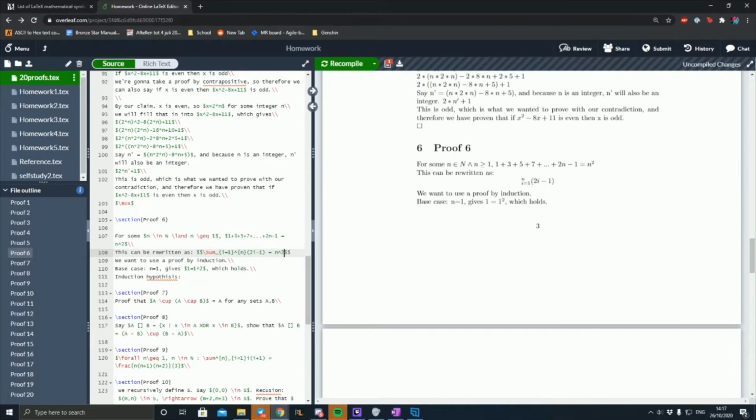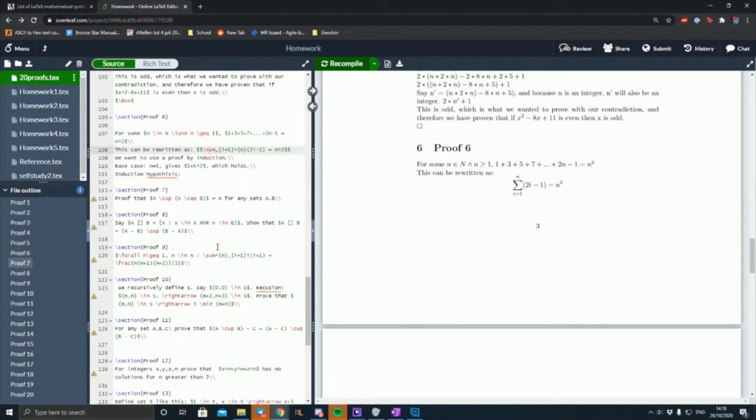Let me see if that is correct. Okay, I messed up somewhere. This is a lowercase s, my bad. There we go. So the sum of i from 1 to n: when n is 1, the answer is 1, when it's 2, the answer is 3. Okay, this is correct.